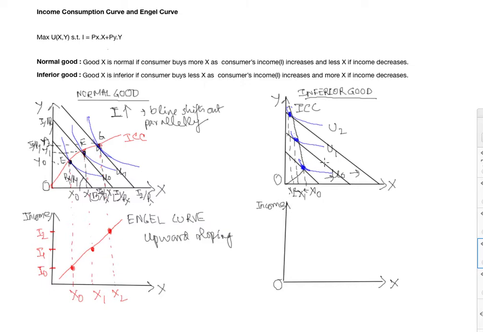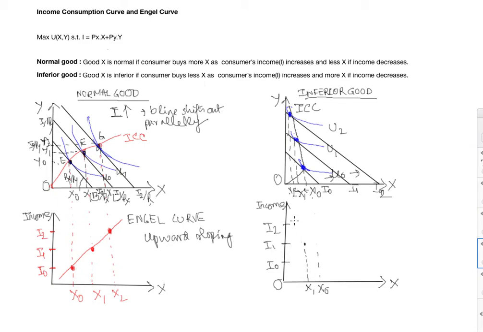And how does the Engel curve look? Remember, these are higher levels of income, these budget lines. We have I0, I1, I2, and note what happens to X in the case of an inferior good. At I0, X consumed was X0. At I1, consumption of X decreases: higher income, less consumption, because this is an inferior good.